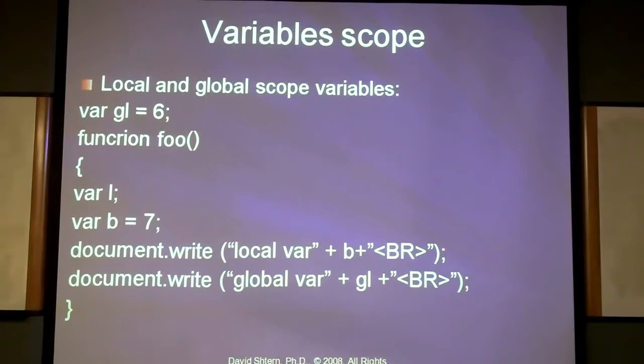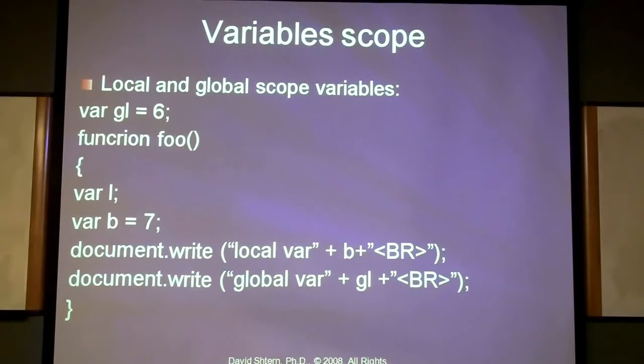Within these curly brackets, I created two variables which I called L and B. L is not assigned, B is assigned 7. As soon as I created this block, I have these two variables declared within the block, and as such they are called local ones.